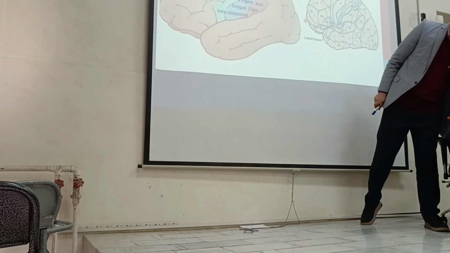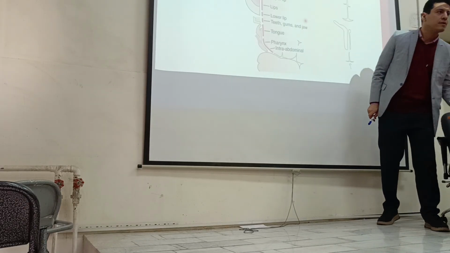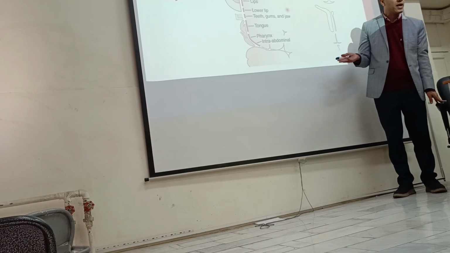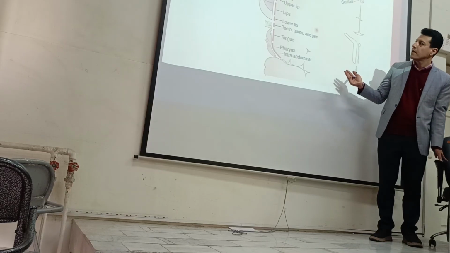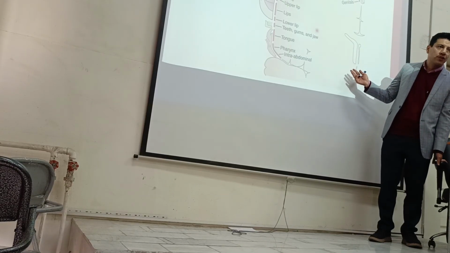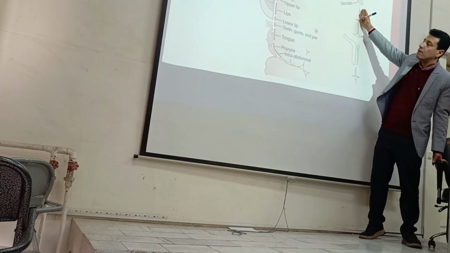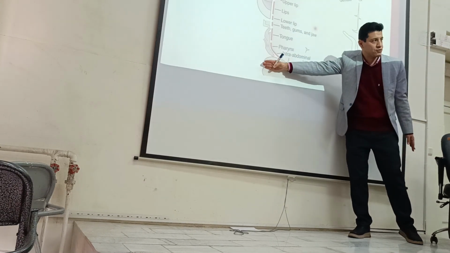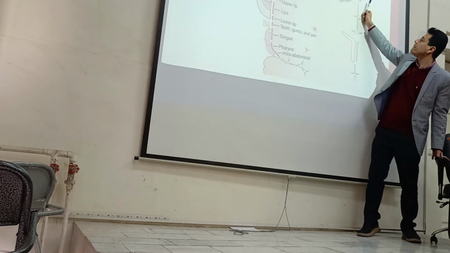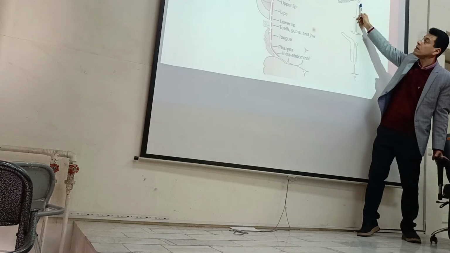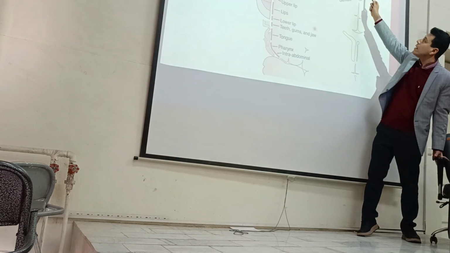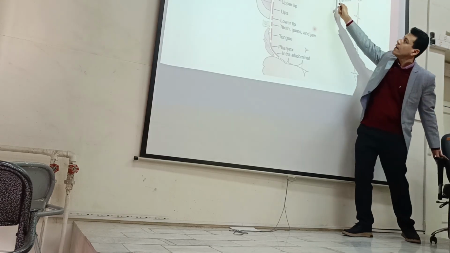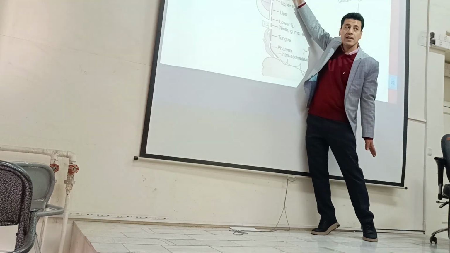Now let's see this figure. You can see half of the brain here, from the middle side to the lateral side. We have genital areas, toes, ankle, leg, thigh. Then we have hand and fingers.